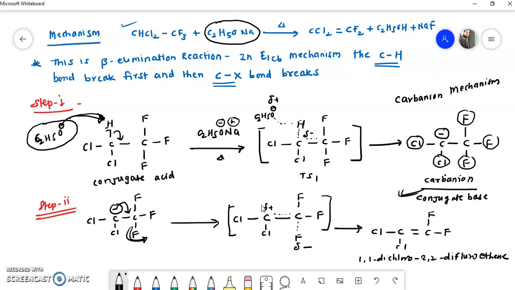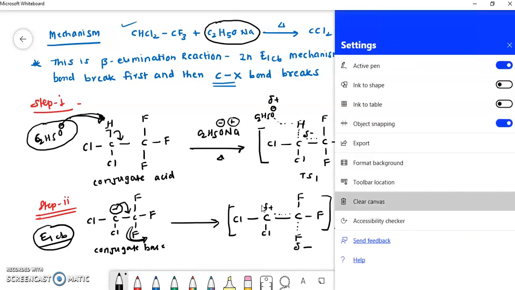The rate of this step depends only on this conjugate base. So we call this reaction first order with respect to conjugate base, and hence it is called the E1CB mechanism. CB stands for conjugate base, 1 stands for first order, so that's why the mechanism is called E1CB. So this is all about the E1CB elimination.